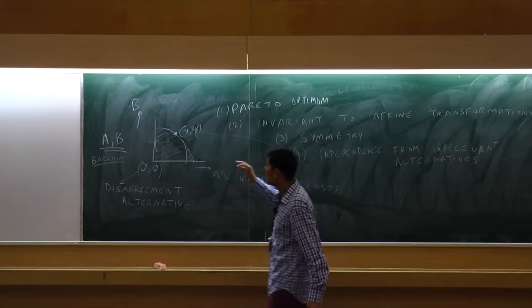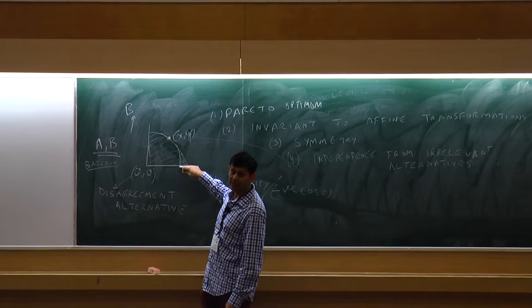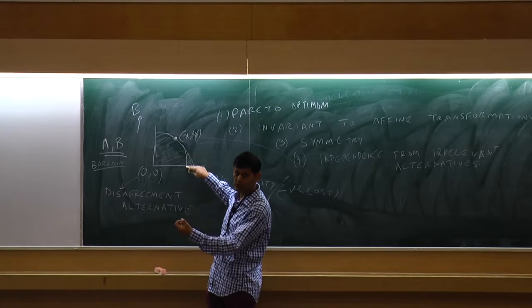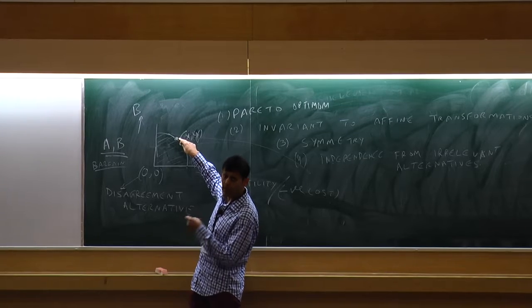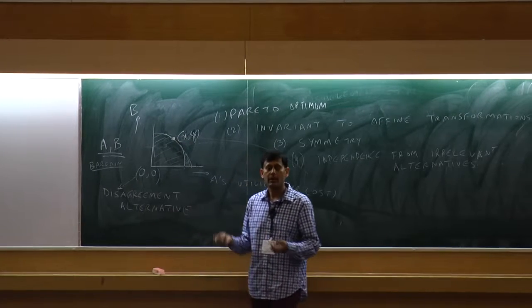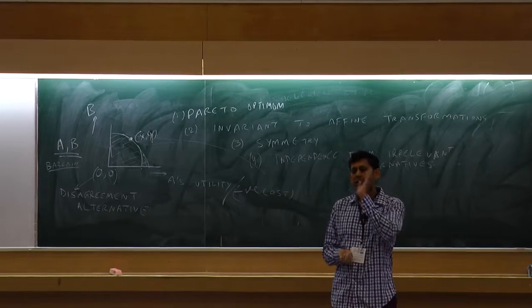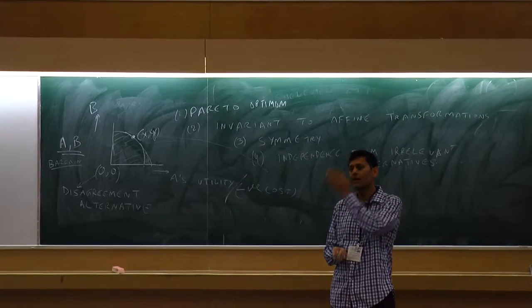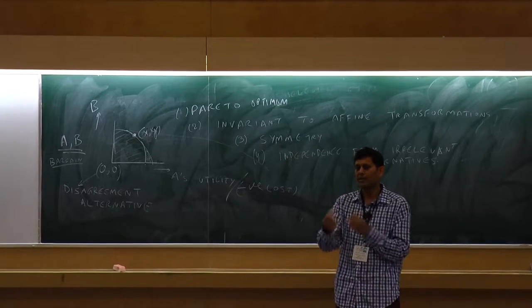So if I remove some feasible solutions which are not going to be the outcome of the bargaining, then it won't matter. So let's say you and I bargain. I say, okay, you take the pineapple part of the cake, and I take the orange part of the cake. Okay, and that's what we agree on.